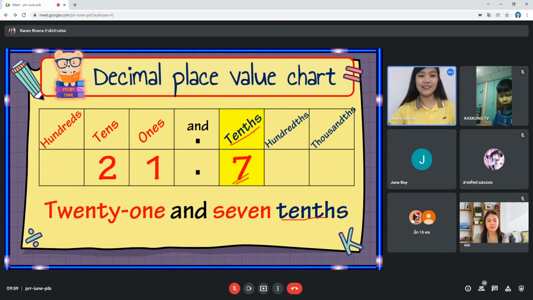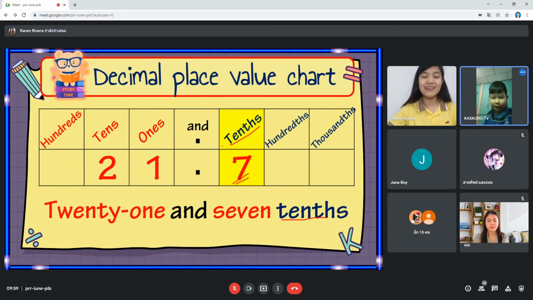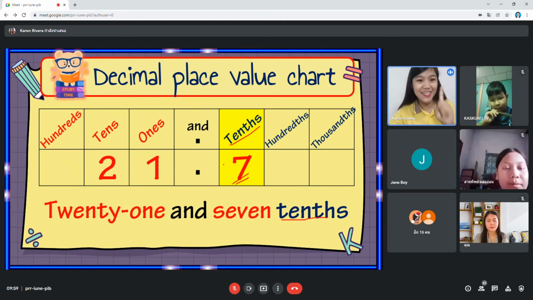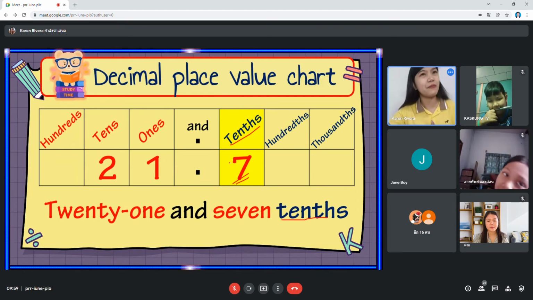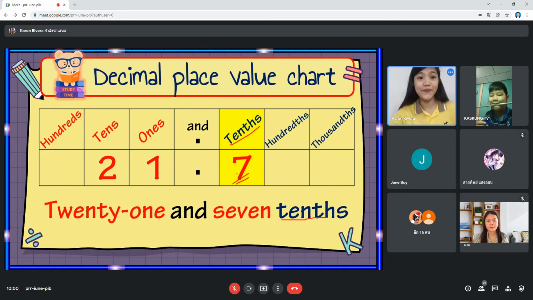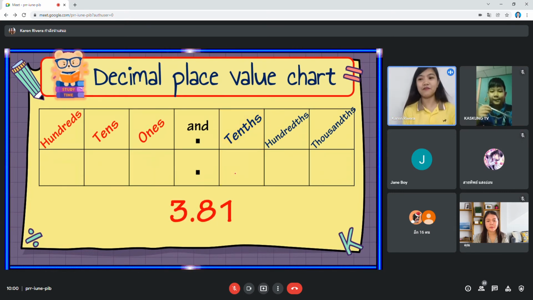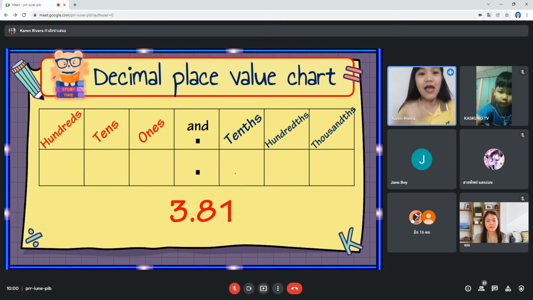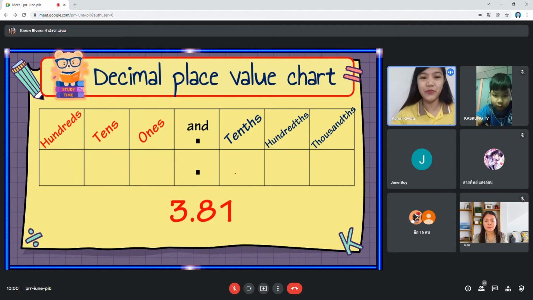Tenths. Okay? So, here, what if this is given? How many decimal places do we have?